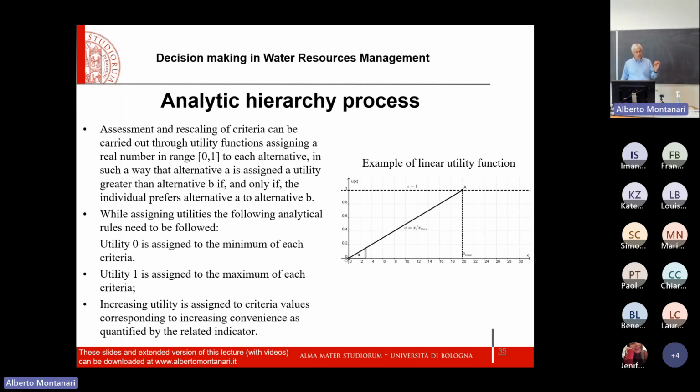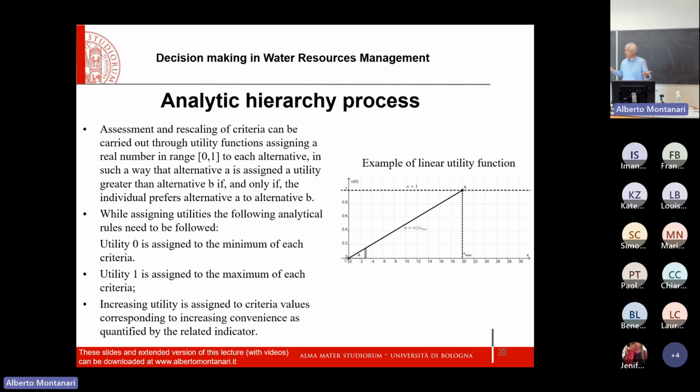And then I have a third constraint. Increasing utility is assigned to the values corresponding to increasing convenience. So when I move from 0 to 1, I have to assign increasing values to increasing criteria values.